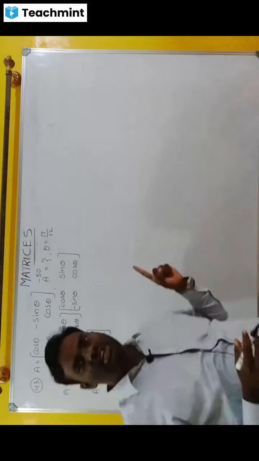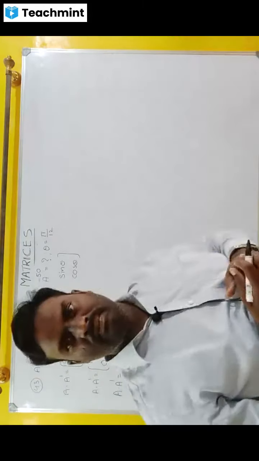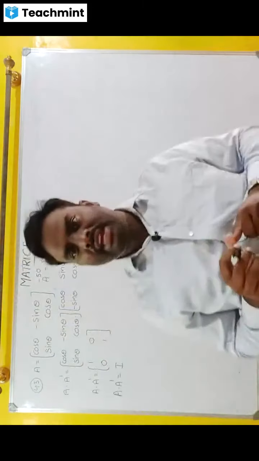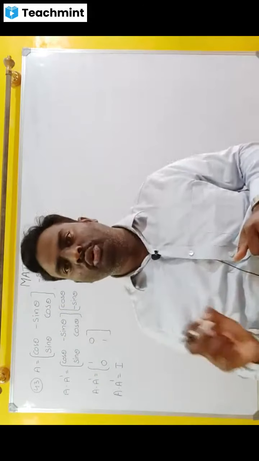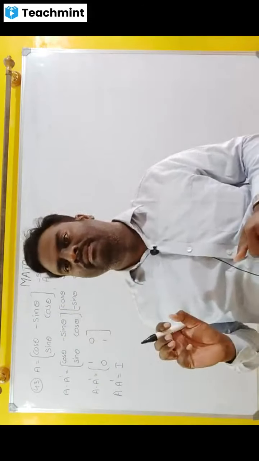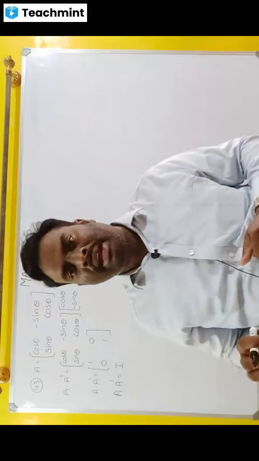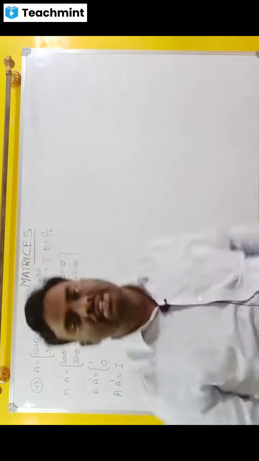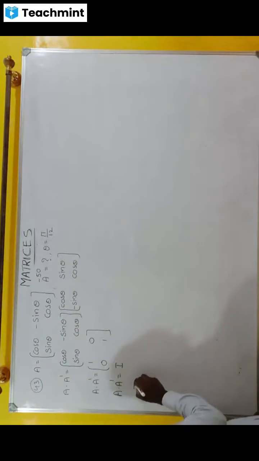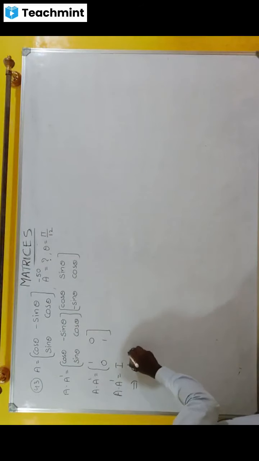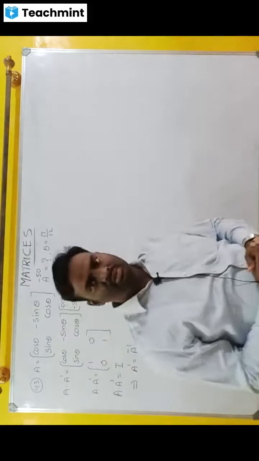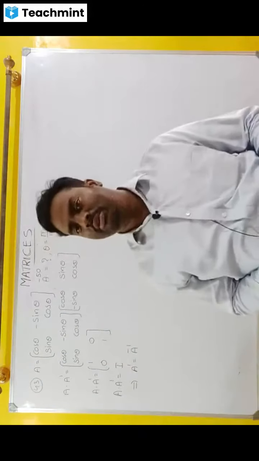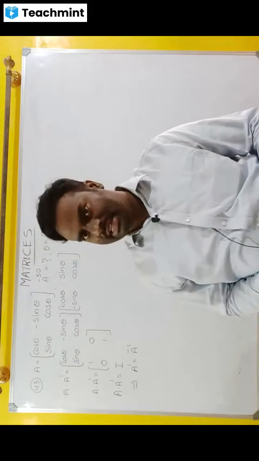Already we discussed this definition. A into A dash is equal to I, then A is called an orthogonal matrix. For an orthogonal matrix we have one more definition, that is A dash is equal to A power minus 1. A dash was already discussed in the synopsis.